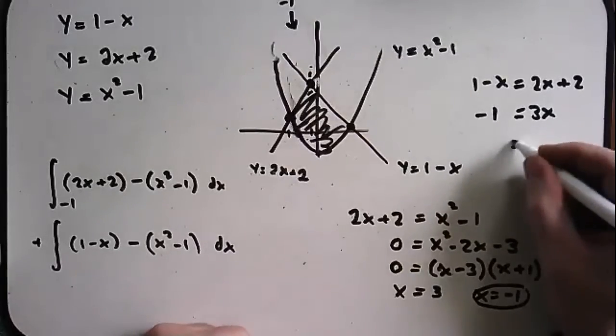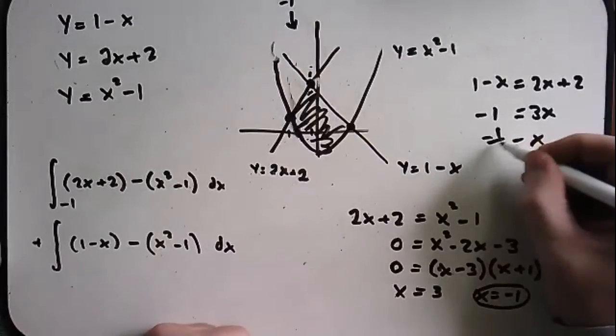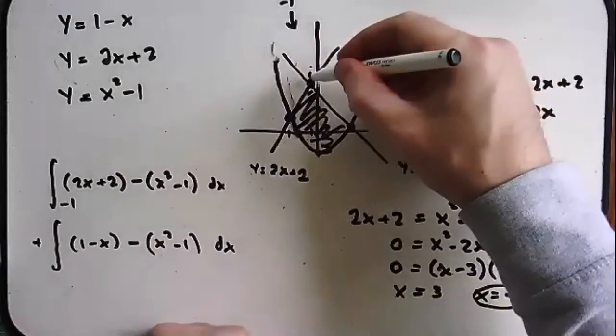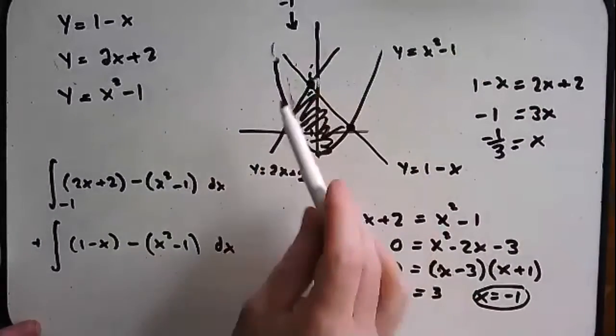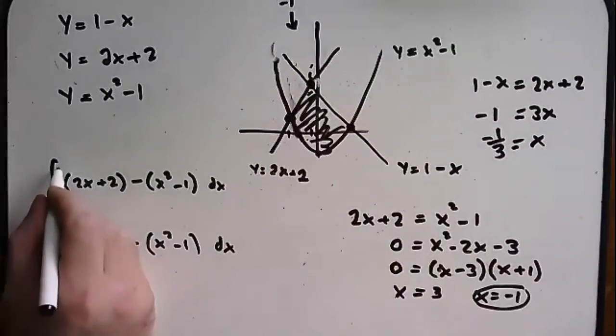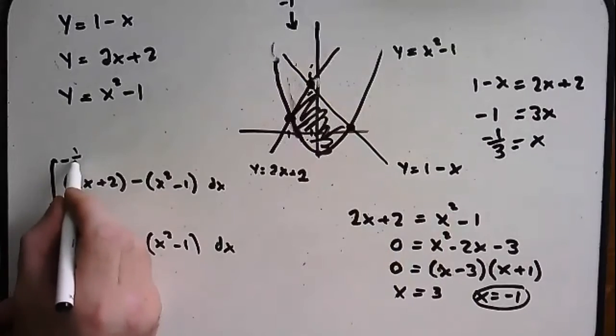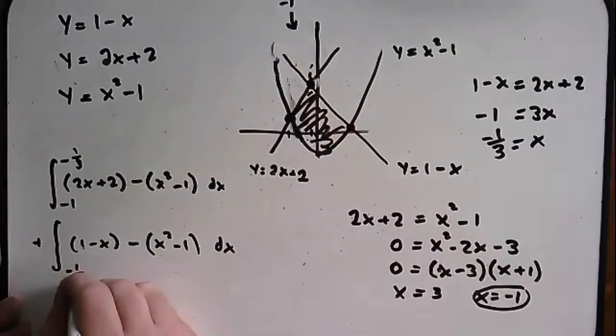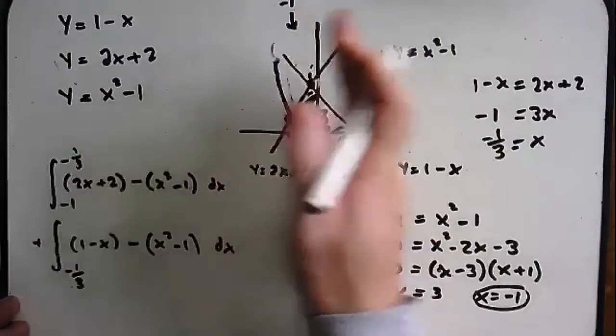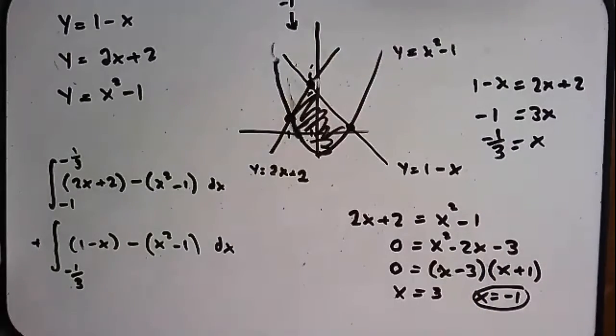And so then our intersection point will be -1/3. So that's the x value for this point right here, and that's where our first integral ends. Right, so it goes from -1 to -1/3. And that's where our second integral begins. So it begins at -1/3, and it'll go forward until this intersection point there.